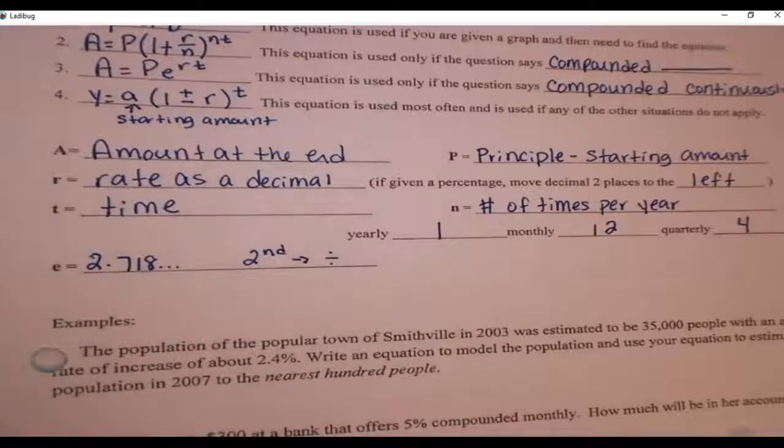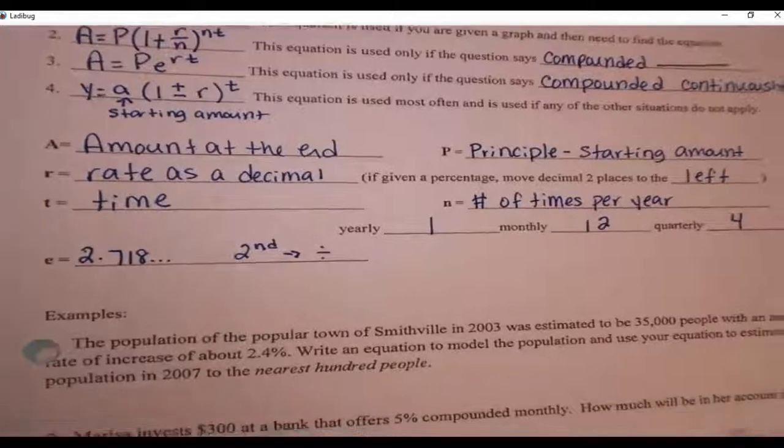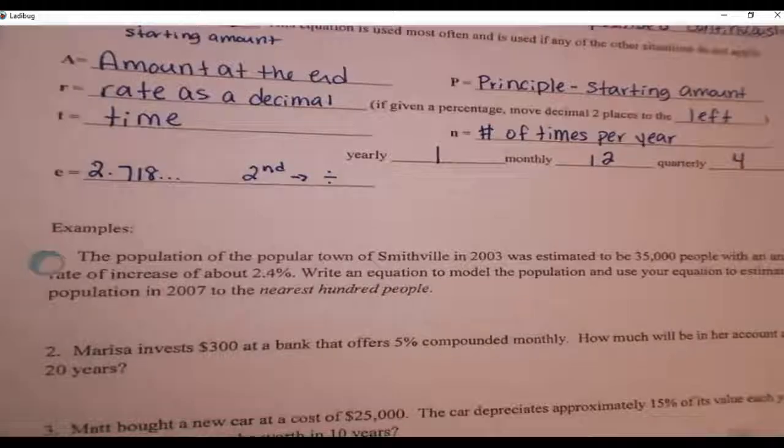So you have to figure out which equation you want to use, plug in for all your variables, and then we'll just solve it. Today they're pretty easy. We'll talk more about solving later.